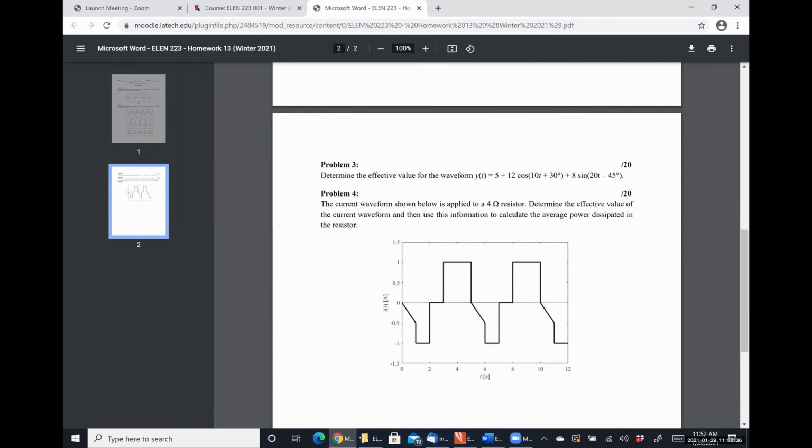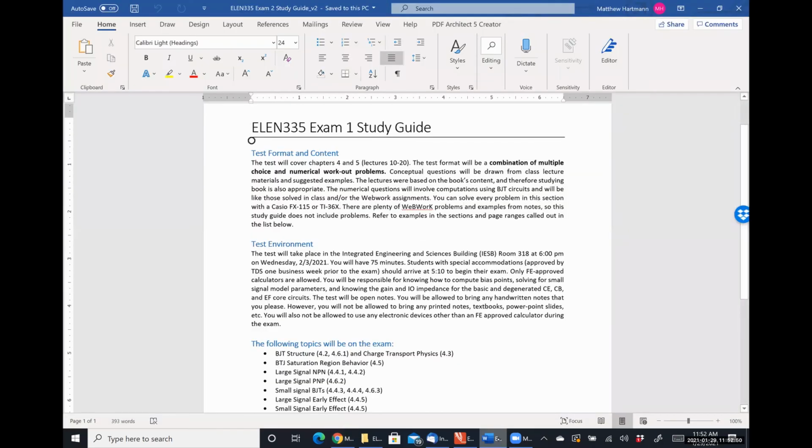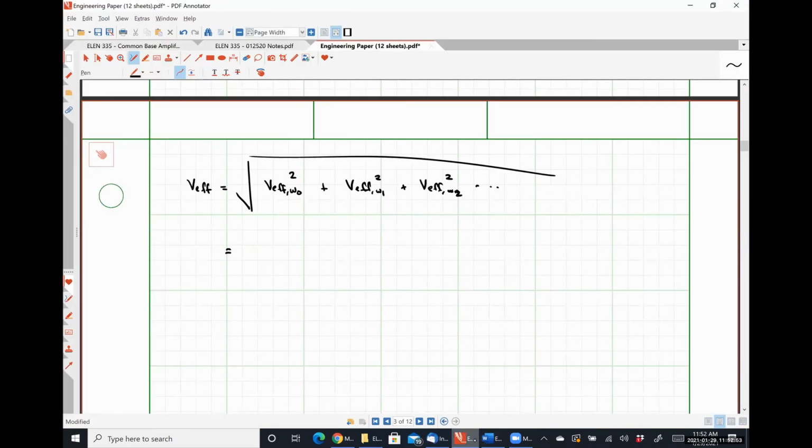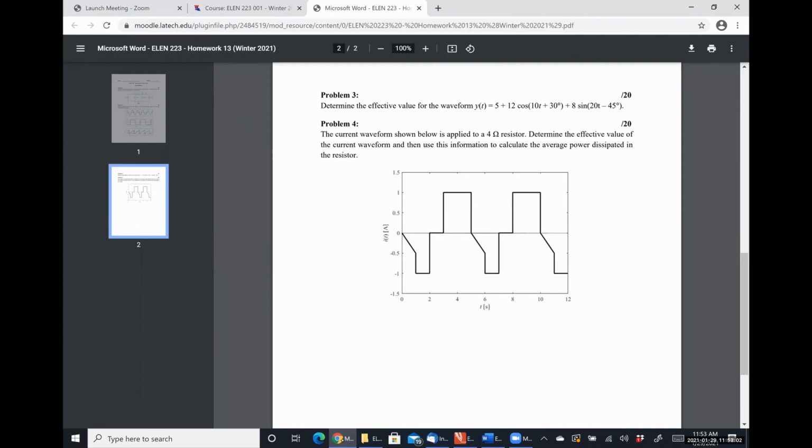What's the effective value of the constant term? Because that's a frequency, right? So the effective value of 5 is 5, right? So this would be the square root of 5 squared plus, all right, let's circle back to that. Now we have a signal that is 12 cosine 10t plus 30 degrees. What's the effective value of that? I just want the magnitude.